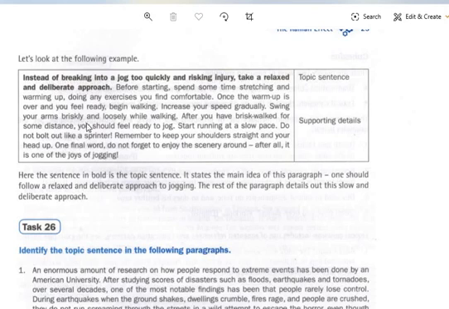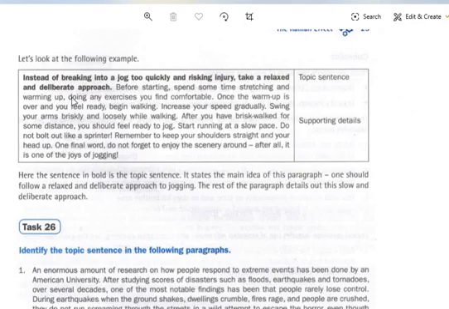Swing your arms briskly and loosely while walking. After you have brisk walked for some distance, you should feel ready to jog. Start running at a slow pace. Do not bolt out like a sprinter. Remember to keep your shoulders straight and your head up. One final word: do not forget to enjoy the scenery around. After all, it is one of the joys of jogging.